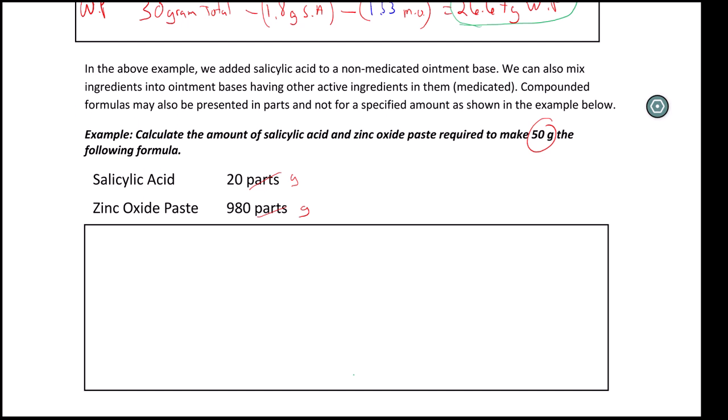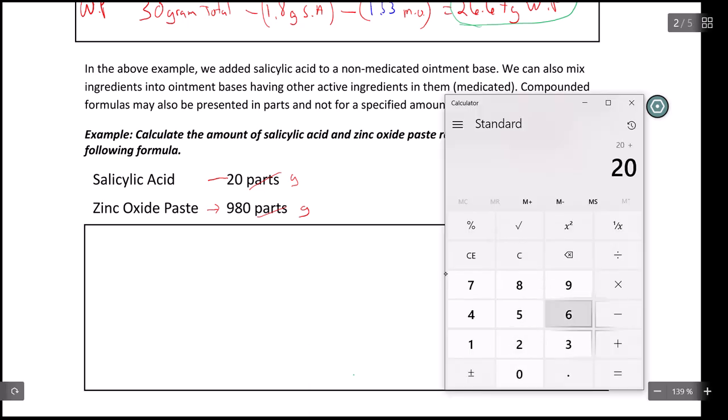I can use that as a ratio. If I've got 20 grams of salicylic acid and I mix it with 980 grams of zinc oxide, I would get 20 plus 980, which gives me 1,000 grams.